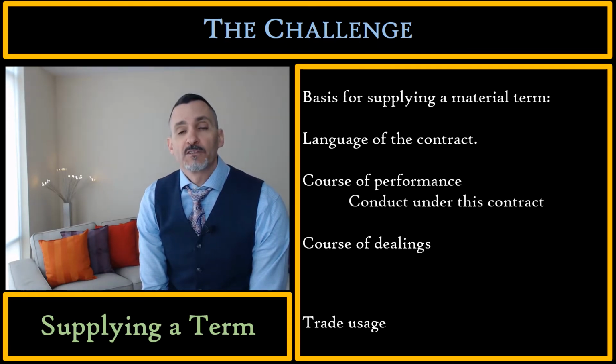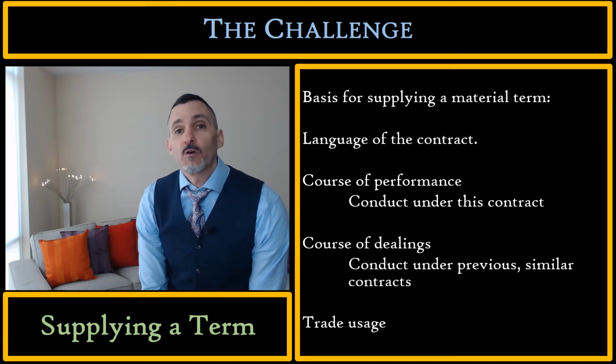Course of performance means the parties' conduct under this contract. So, although the contract may be uncertain with respect to a material term, maybe the parties have supplied the term themselves in conduct under this contract already.